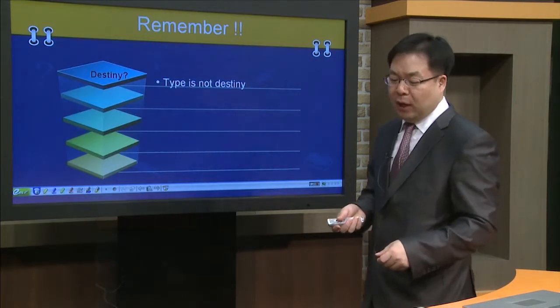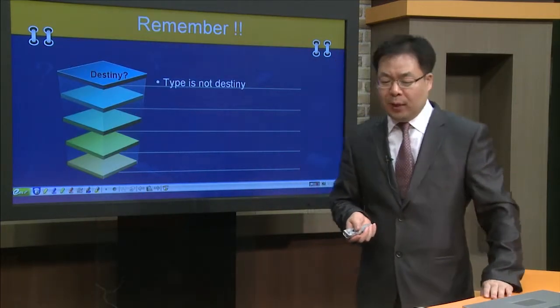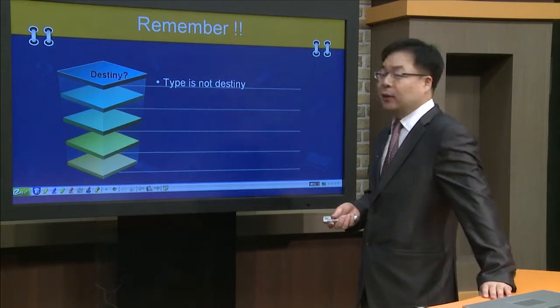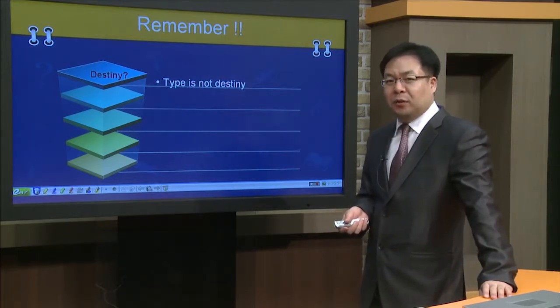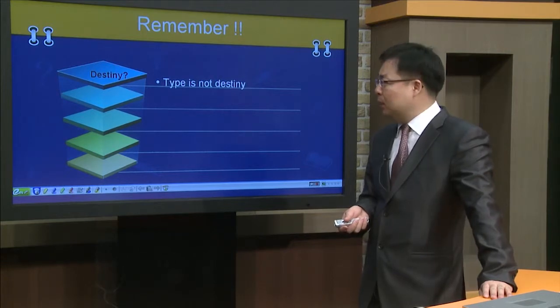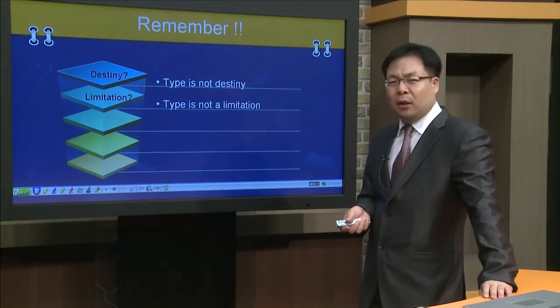Well, the final slide shows some notes. Type is not destiny, because it's still in the process of development. And type is not a limitation.